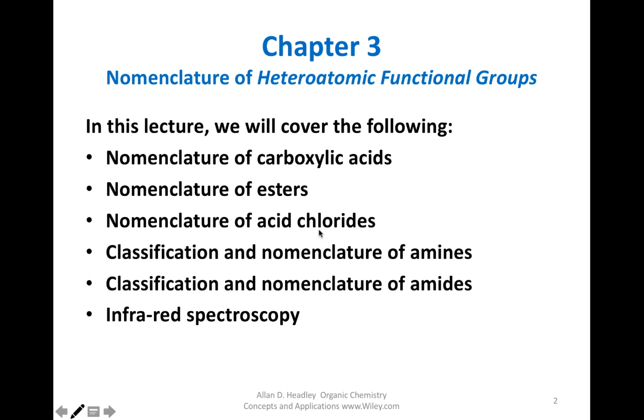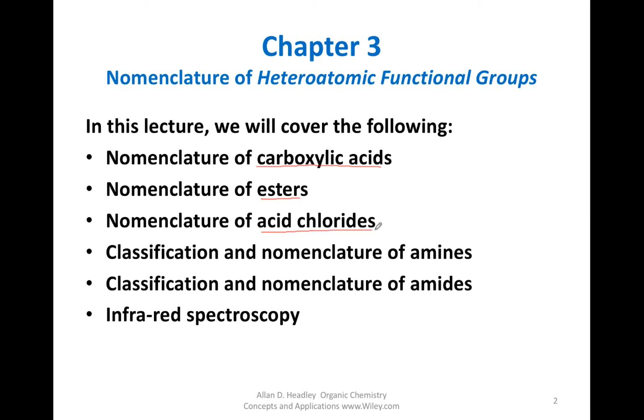In this lecture, we will look at a few more functional groups in terms of IUPAC naming, and then we'll conclude with infrared spectroscopy. So for today, what we'll look at is carboxylic acids and the nomenclature. Esters, another functional group, and the nomenclature.